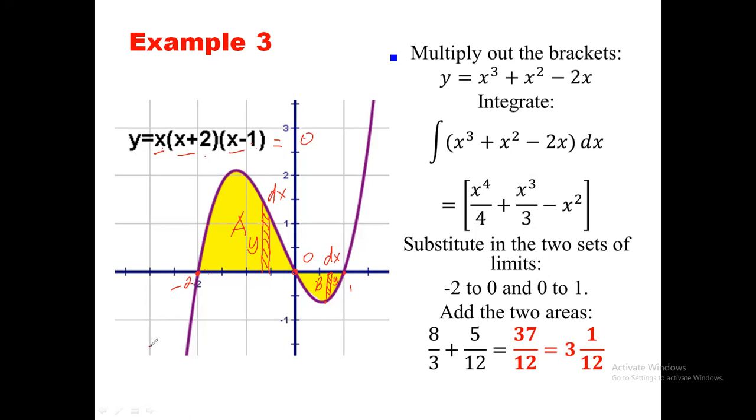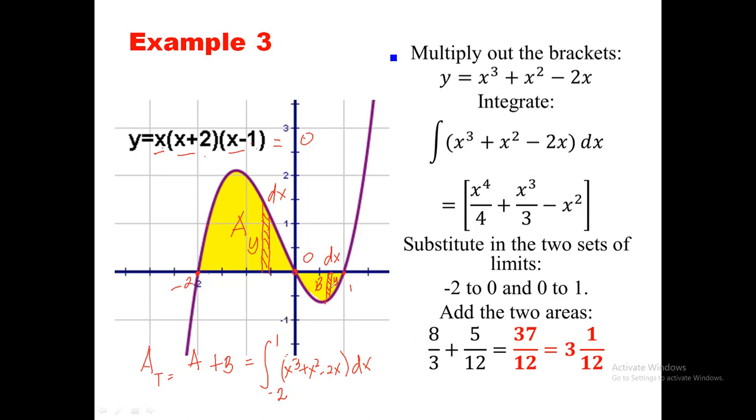So as said a while ago, your total area will be the sum of the areas of A and B. That would be the integral from -2 to 0 for area A, and your y here will be the y of the curve, that would be x cubed plus x squared minus 2x dx. That's for the area here on the left side of your Cartesian plane, above the x-axis.